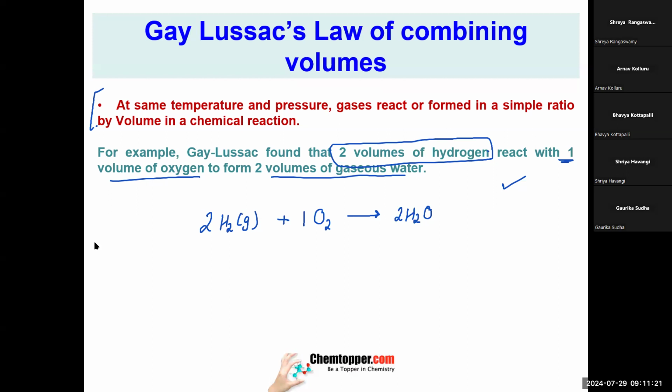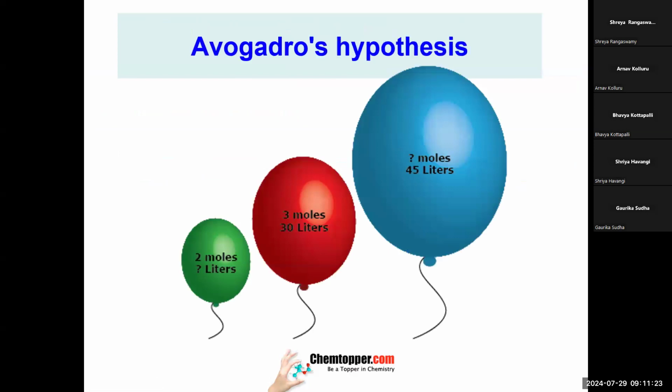Okay. Ready for this question? So you can see these are the 3 balloons at the same temperature and pressure. All the 3 balloons are at the same temperature and pressure. Now they're asking how much is this volume if the moles are 2? When the moles are 3, how much is the volume? 30.